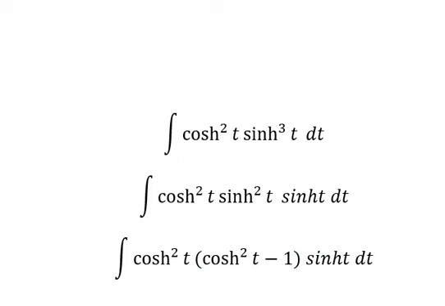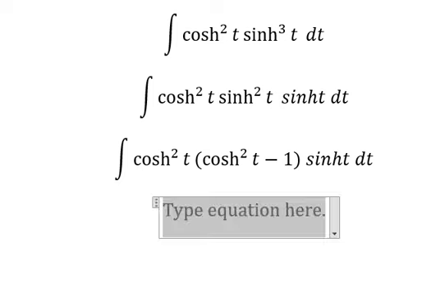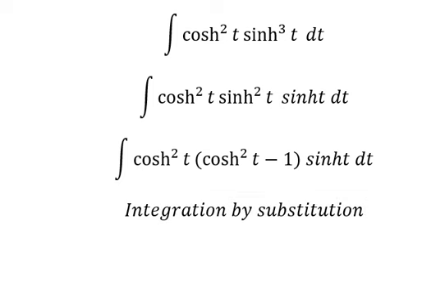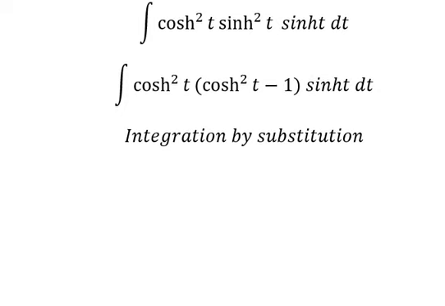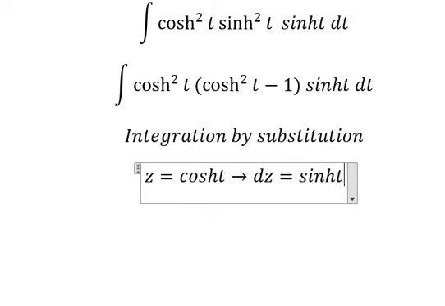So we can use integration by substitution. So I will put z equals cos t. Later, we need to first do the derivative for both sides, and we have like this.